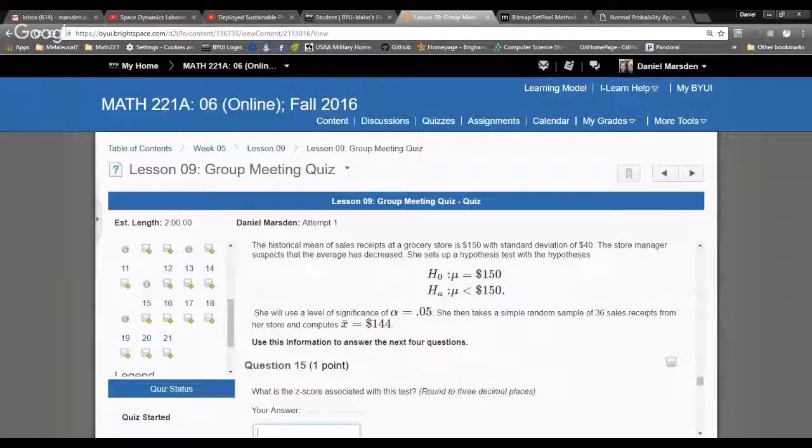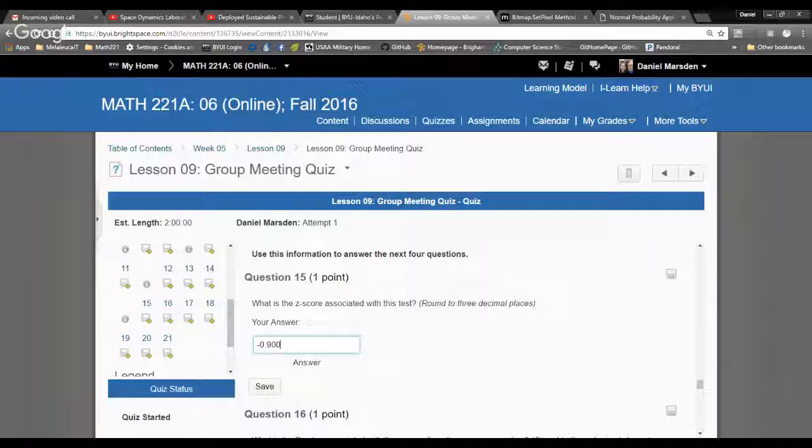So it'd be 144 minus 150, so negative 6 divided by the standard deviation over the square root of 36. No, the standard deviation is 40. Cool. What'd you get? Got negative 0.9. Yep, that's what I got too. Nice.